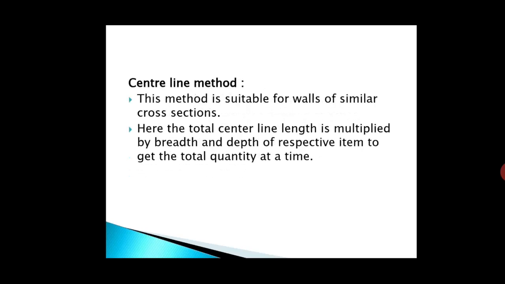The Centerline method is suitable for walls of similar cross section. In this method, we have to find out the total center line length of the building, and with that we will multiply the breadth and depth of the respective item in order to get the total quantity of that particular item.